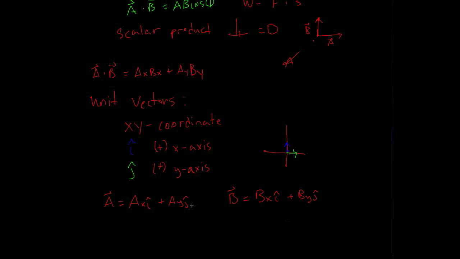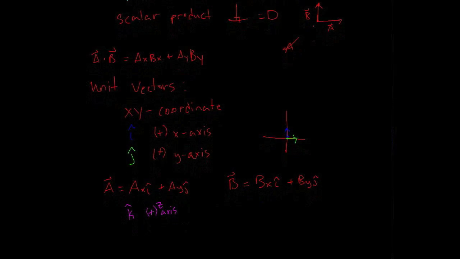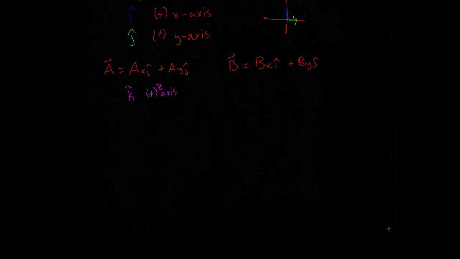Now, if we are working in 3 dimensions, so we have a z-axis, then we have a third letter, k hat, and it points in the positive z-axis.